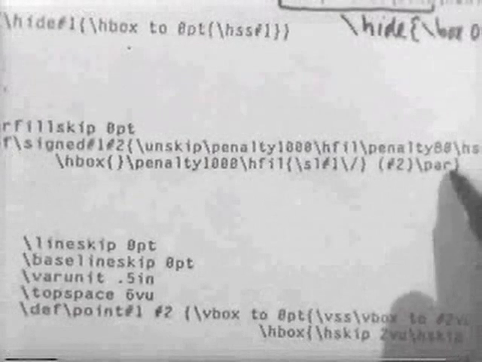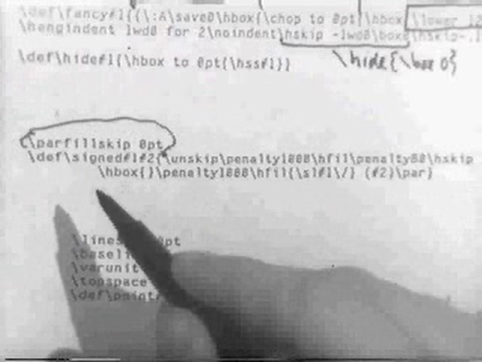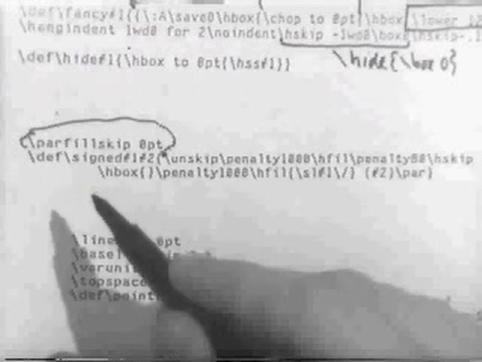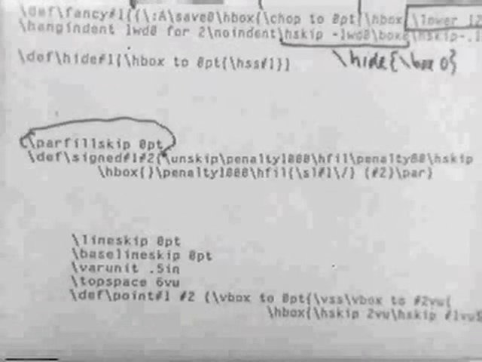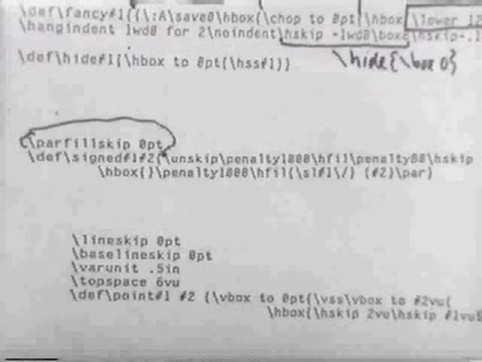Or else, no, I guess it wouldn't be too bad. I could restore the ordinary parfillskip right here at the end of this \par, and I could stick this parfillskip 0pt here, because parfillskip is looked at, I believe, only at the beginning of the paragraph routine. Is that right, Michael? I think if you put another grouping around parfillskip.